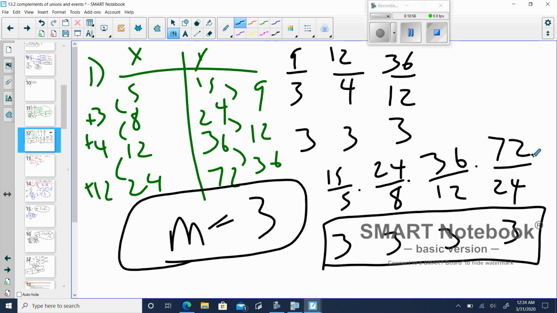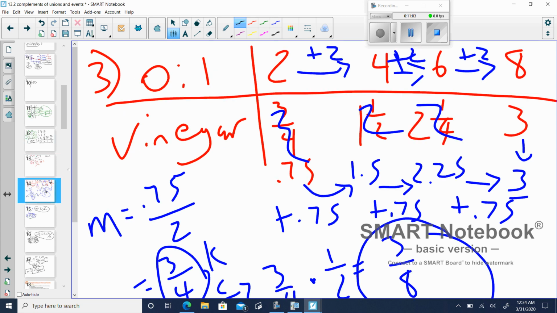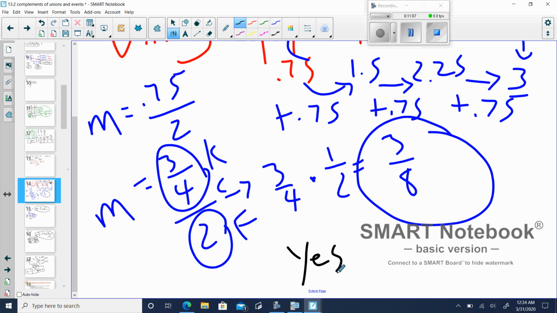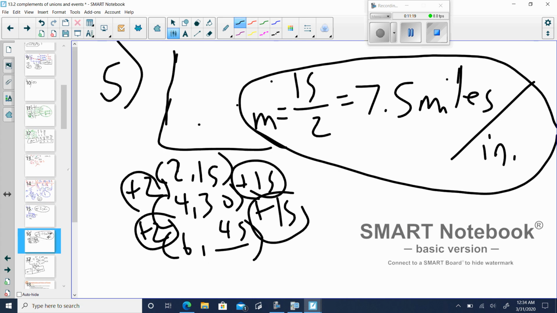Number 8, we go to exercise 3, and we saw that 0.75 was consistent. So once again, this is a yes. It's 0.75 every 2, so it's proportional. For number 9, we're looking at exercise 5, the map and that distance.